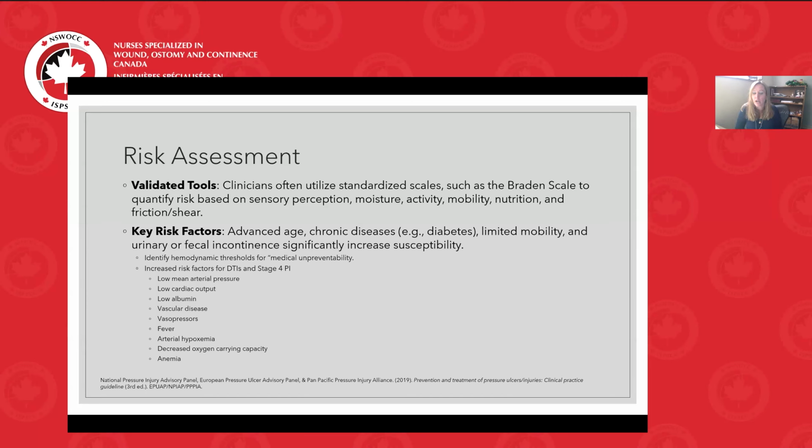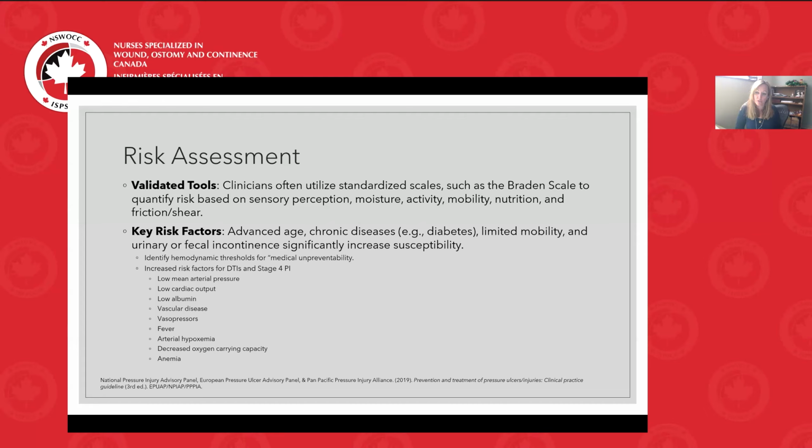Things we want to look at are the age of our patient. Are they very old or are they very young? Because both of those patients can be at high risk for the development of a pressure injury. What do they have for chronic diseases? What are their underlying diagnoses? Does the patient have diabetes? Do they have congestive heart failure? Do they have limited mobility?